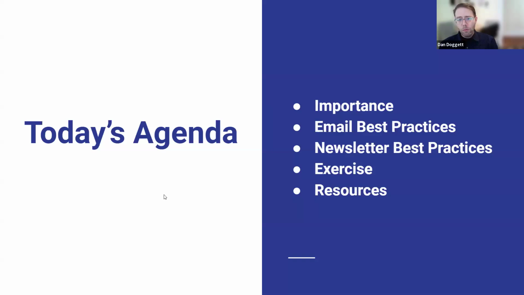So today's agenda, we're going to talk about the importance of email and newsletter accessibility. And then we're going to go over some best practices, both specific to email and specific to newsletters, as they are a little bit different. If you have taken other basic digital accessibility courses, or our courses on document accessibility, a lot of similar content and structures will be addressed here.